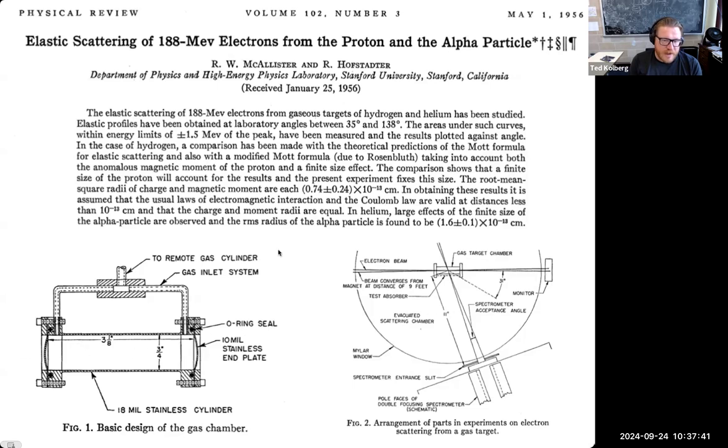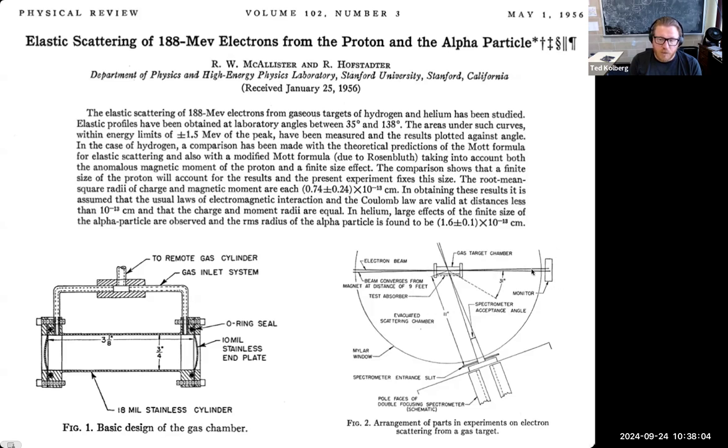And then you place this vessel into the electron beam at the Stanford accelerator, and you allow electrons in the beam to scatter off of the protons in this hydrogen target. And then you basically have a monitor at one end, which is measuring the amount of current which passes through the target.